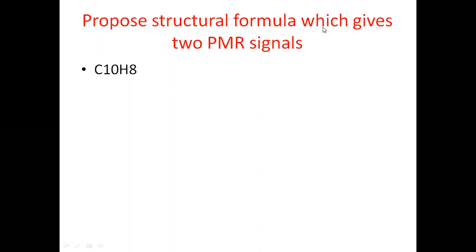And what do we want? Two PMR signals. Then what is the possibility? Okay, 7, very good.